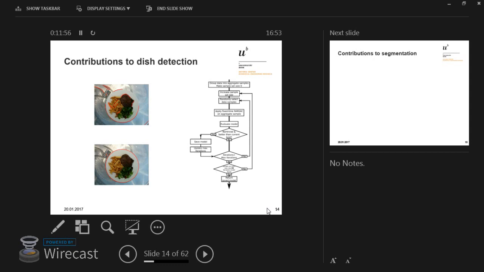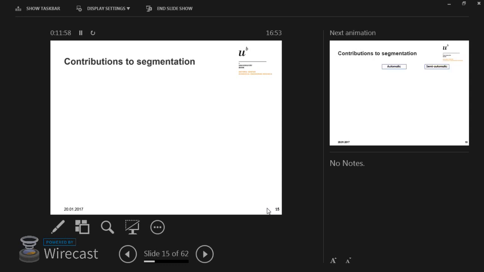And that brings us to the segmentation. We have 2 systems for the segmentation. One is automatic, that's the standard one, and one is semi-automatic, so the users can design it for themselves. This is the latest version. There were some previous iterations, but this is the best one at the moment.